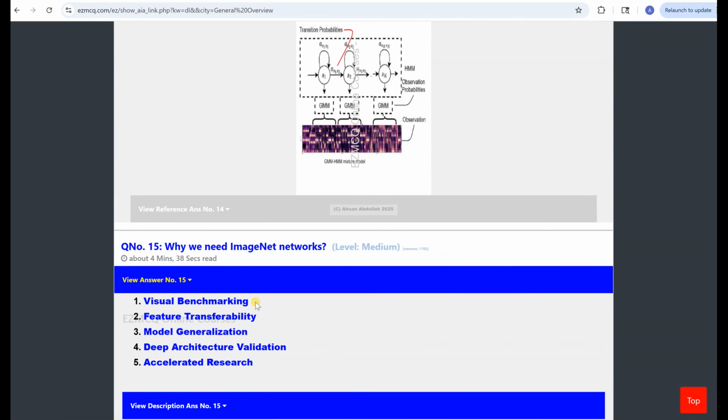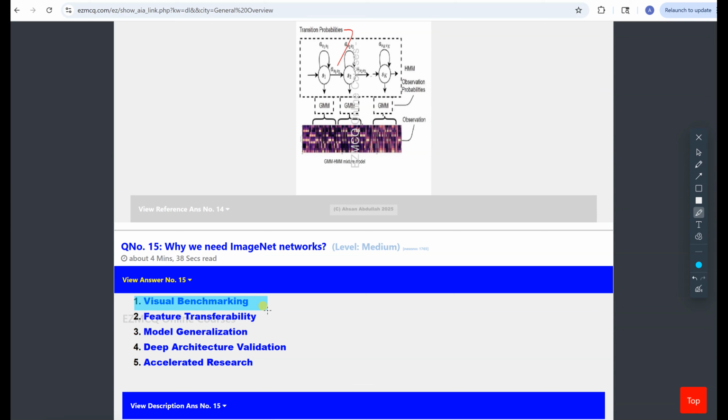What is the purpose of ImageNet? Visual benchmarking. So what is visual benchmarking? They provide a standardized large-scale data set, which is used as a benchmark, a standard for evaluating and comparing the performance of deep learning models in the domain of images, so image recognition.